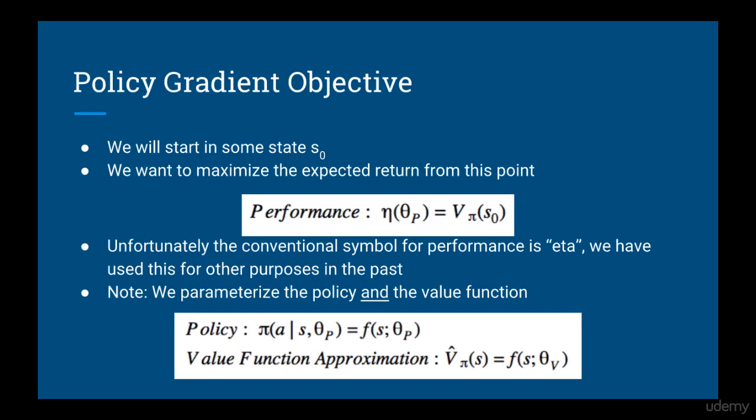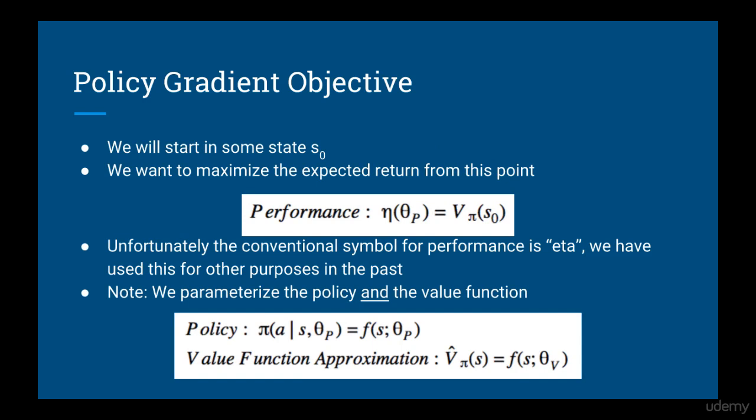Consider that we start in some start state S0. As you know, we want to maximize the total return of the entire episode, which is v of S0. Also remember that the value function v is also dependent on the policy pi, so we can explicitly show that by subscripting v with pi. An unfortunate convention is that the letter eta is used for the policy objective, since we've used it for other purposes in past courses.